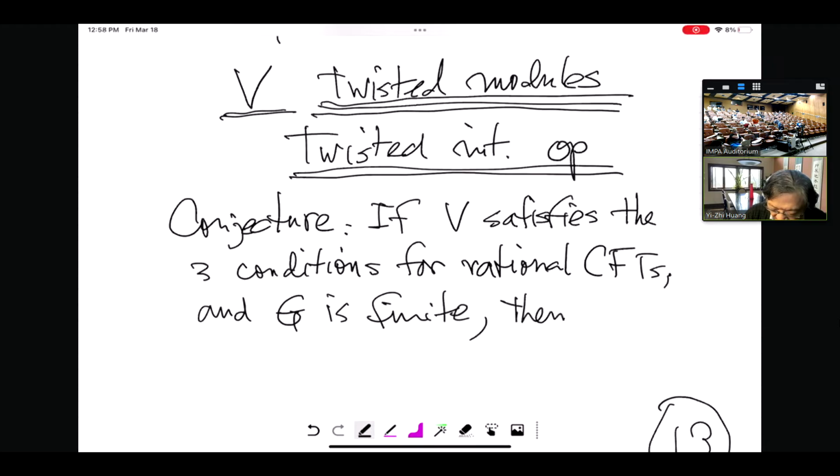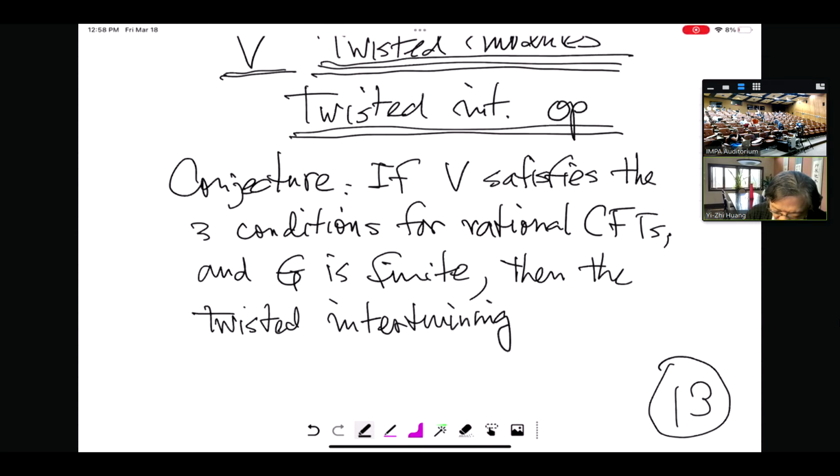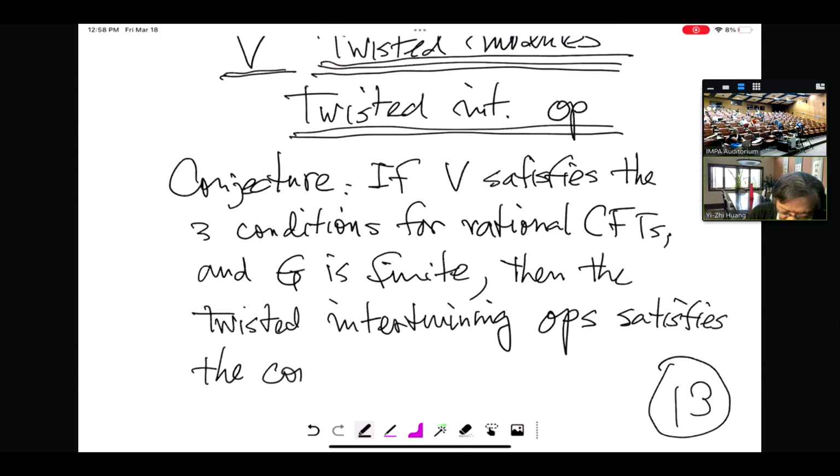Then the twisted intertwining operators satisfy, let me first say the following, associativity.